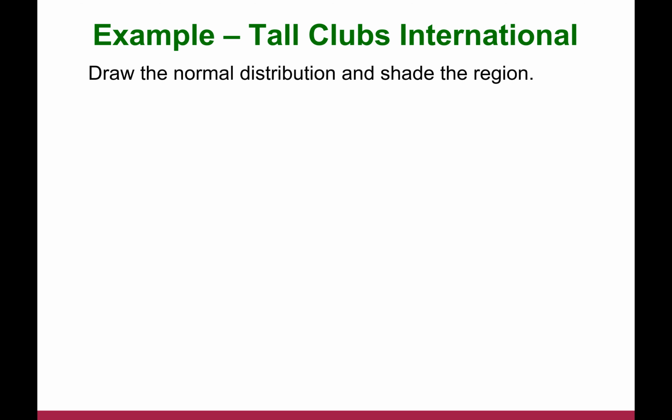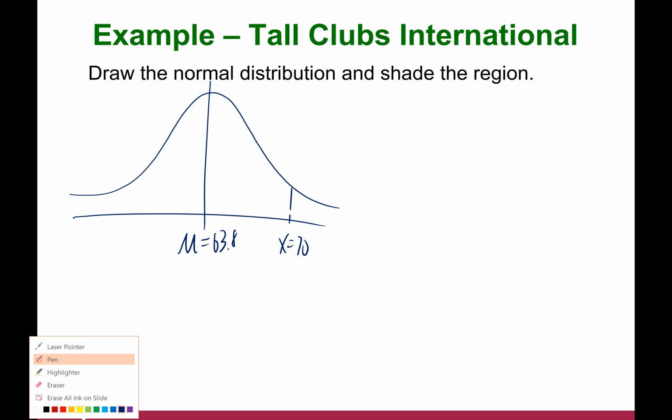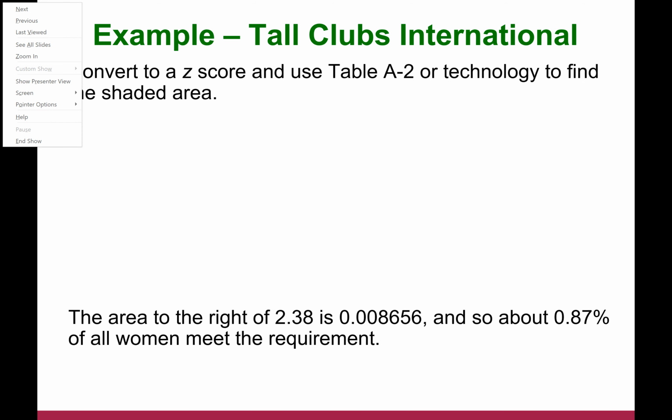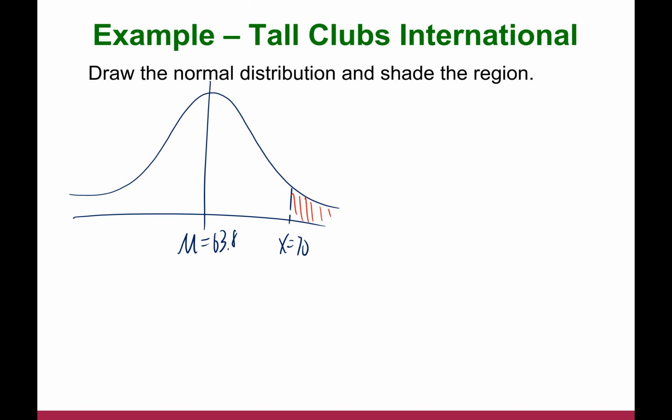We drew the bell curve already. Now we need to find the standardized z-score using the z-score formula, x minus mu over sigma.